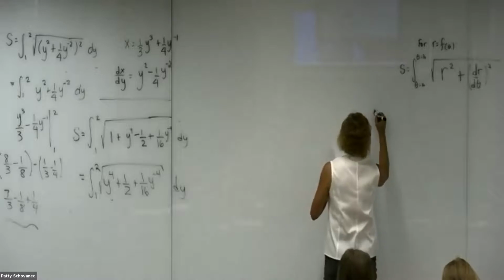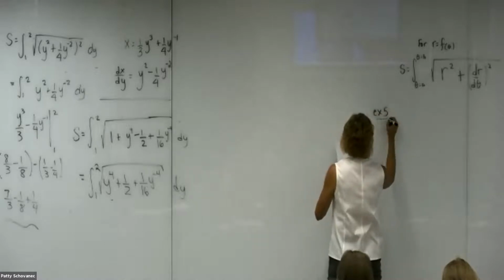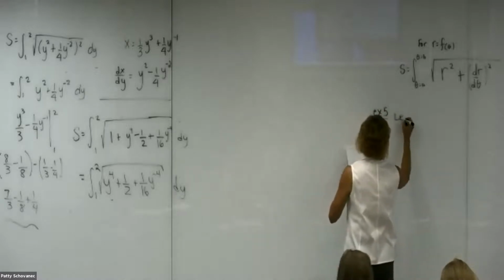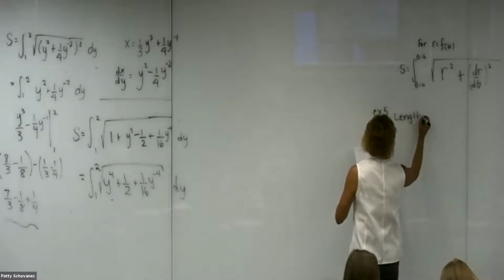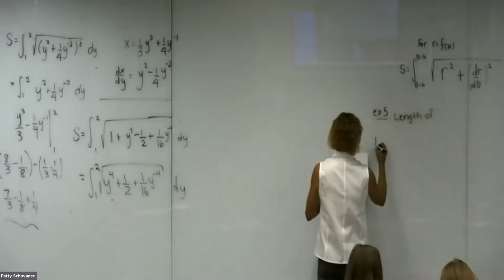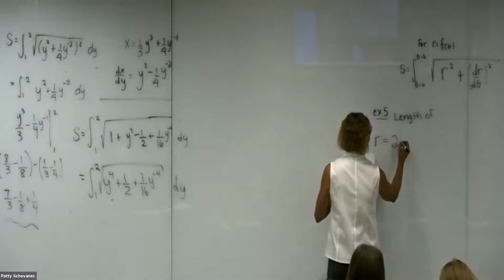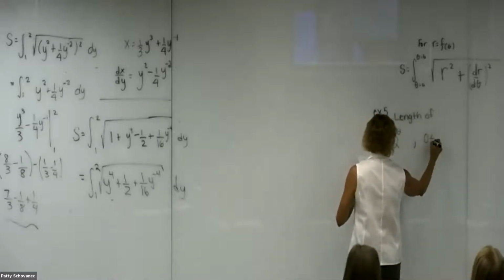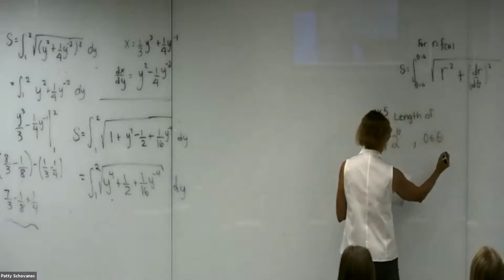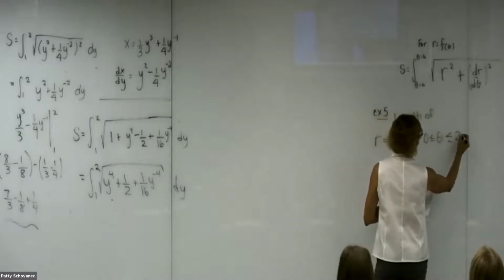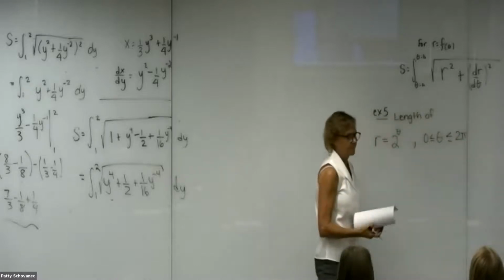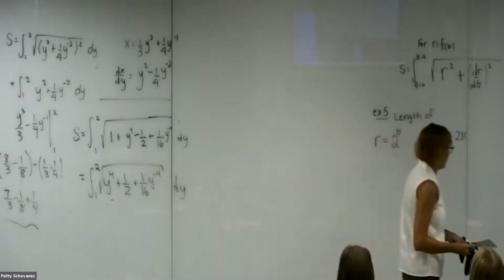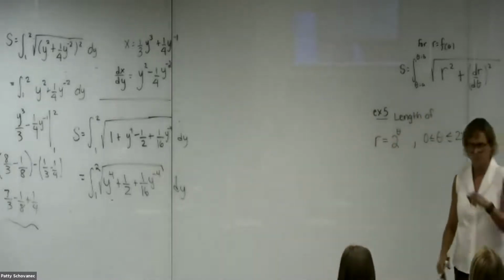So the example that I have there is example 5. I want to find the length of r is equal to 2 to the theta for theta between 0 and 2 pi. And I said that that was a spiral, right?